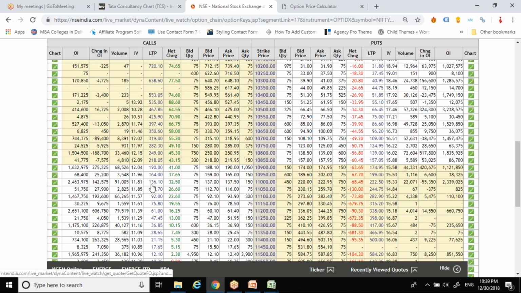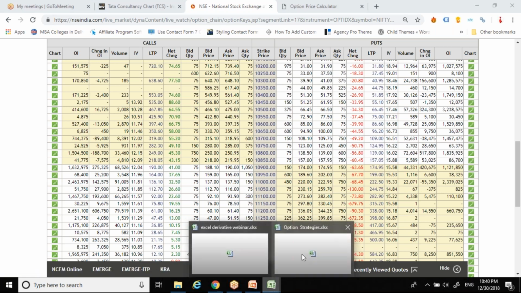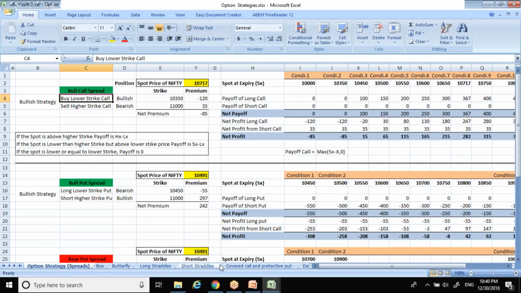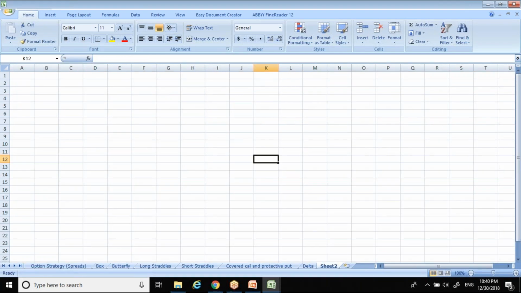So I receive 136 and pay 218. So my net cost would come to around 218 minus 136. So this will be very low. Let me calculate. I'm poor with numbers. So my total cost will be around 218 minus 136, around 82 only.